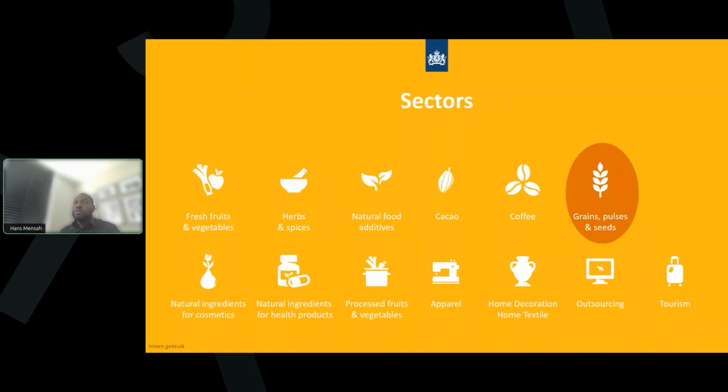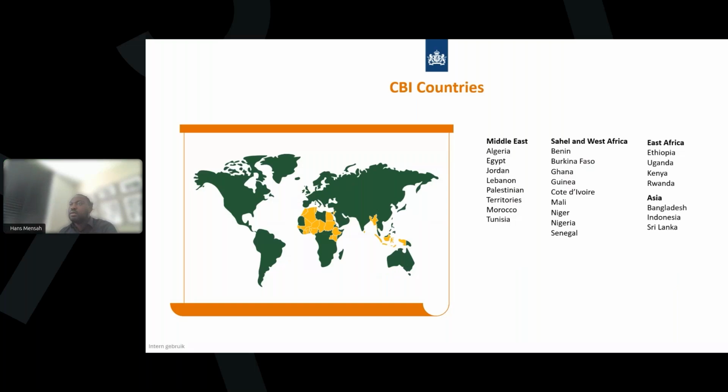Yeah, so we work in 14 different sectors, of which grains, spices and oilseeds is one of them. Most of them are agricultural sectors, and we have service provider sectors such as IT outsourcing and tourism. As I mentioned, we work mostly in Sub-Saharan Africa, as well as Southeast Asia, and a bit part of the Middle East.